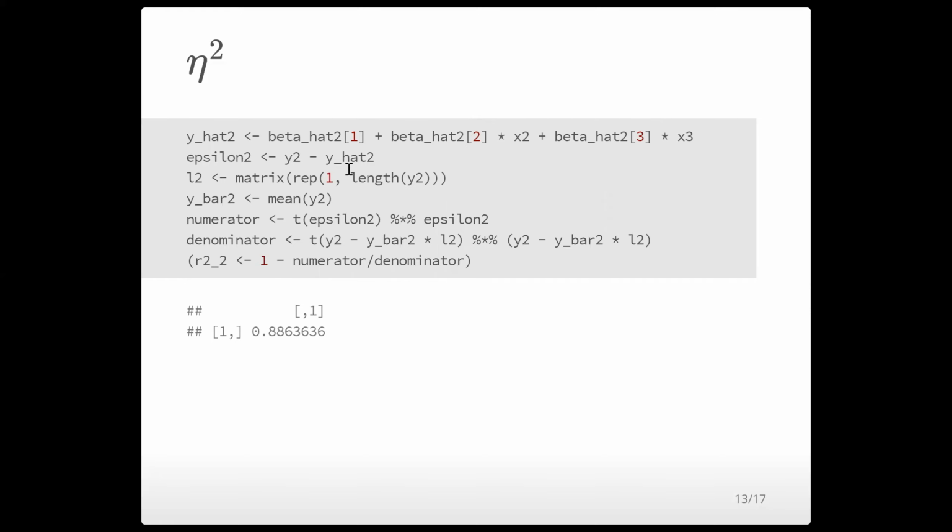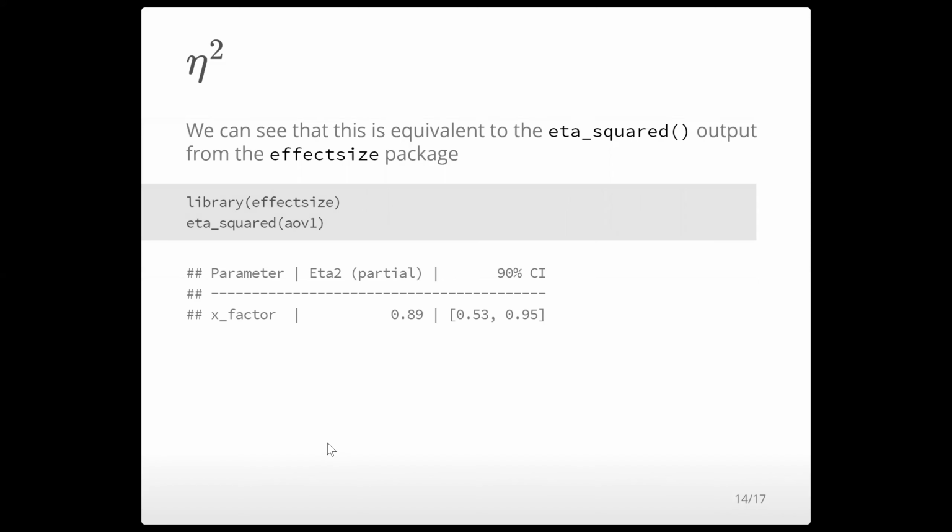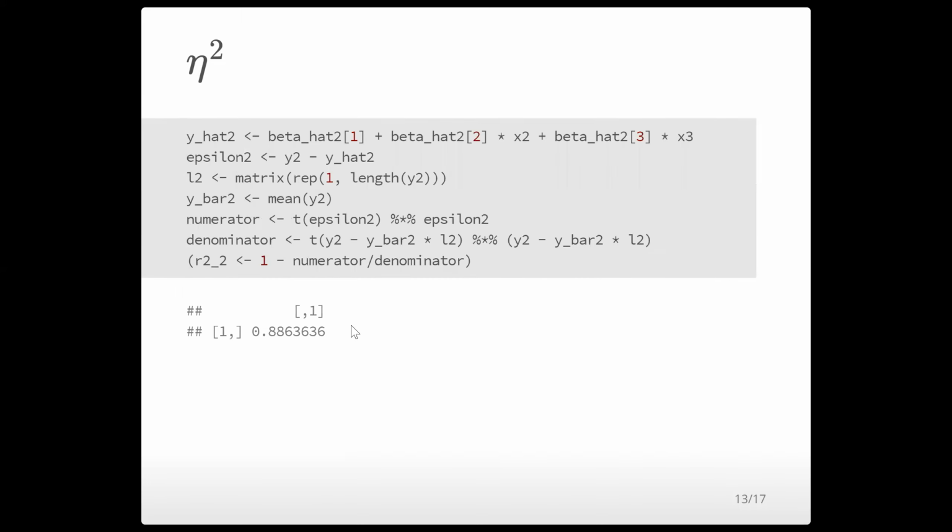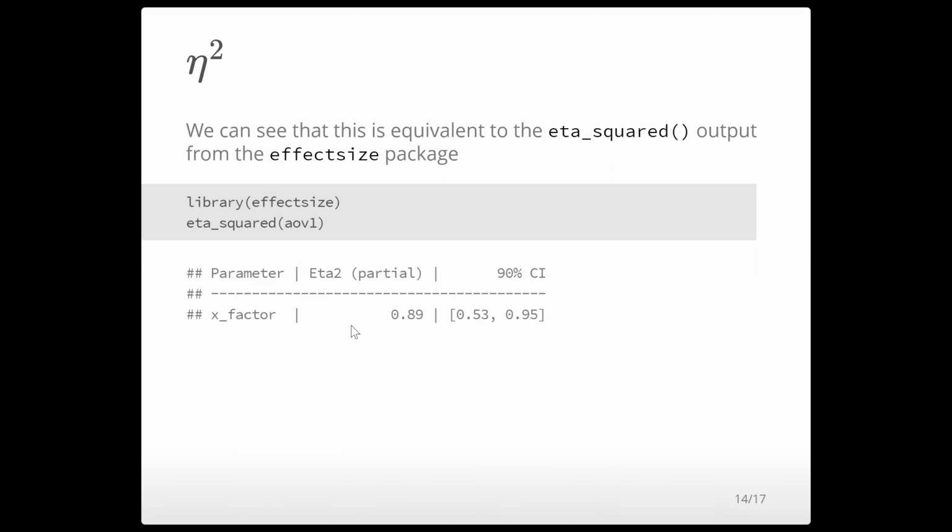We leave out group 1 because that is the reference group. I then do all the same steps and get my R squared, which is identical to what we get if we check eta squared. Here I'm getting eta squared from the effectsize package. It's rounded off, but it's 0.89, so it's the same.